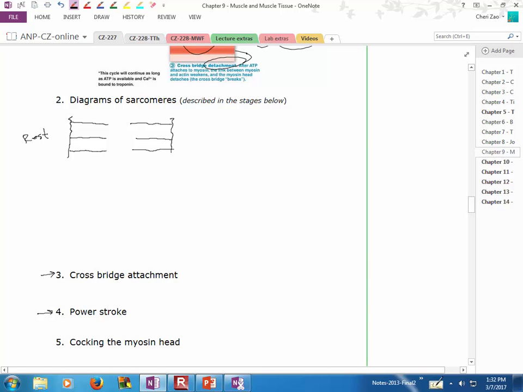So now let's draw cross-bridge attachment before the power stroke occurs. So obviously my Z-discs need to be about the same distance apart, and I need to make my actin about the same length because nothing here shortens. Well, let's see here. There we go. Now I'm going to draw my myosin in the middle here, and because I can change the color of my pen, I'm going to do that.